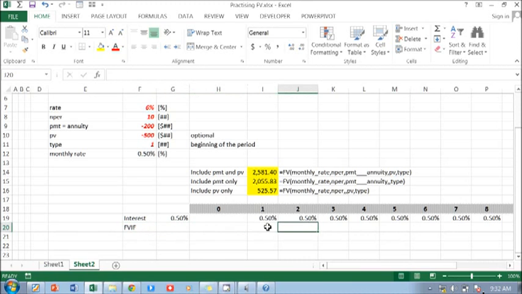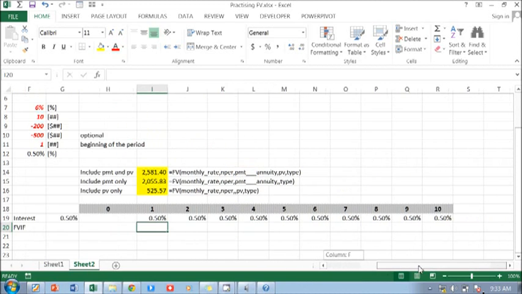I need to come up with the percentage first. So it means that the first payment will come at the beginning of period 1. So 1 here, you're going to compound it 10 times. But if it happens at the end of period 1, it will compound 9 times: 1, 2, 3, 4, 5, 6, 7, 8, 9.